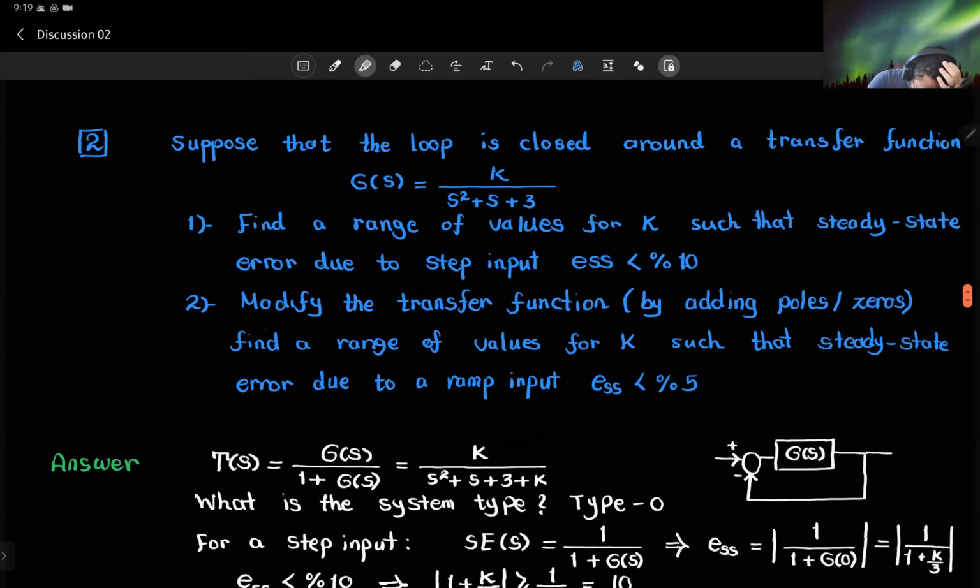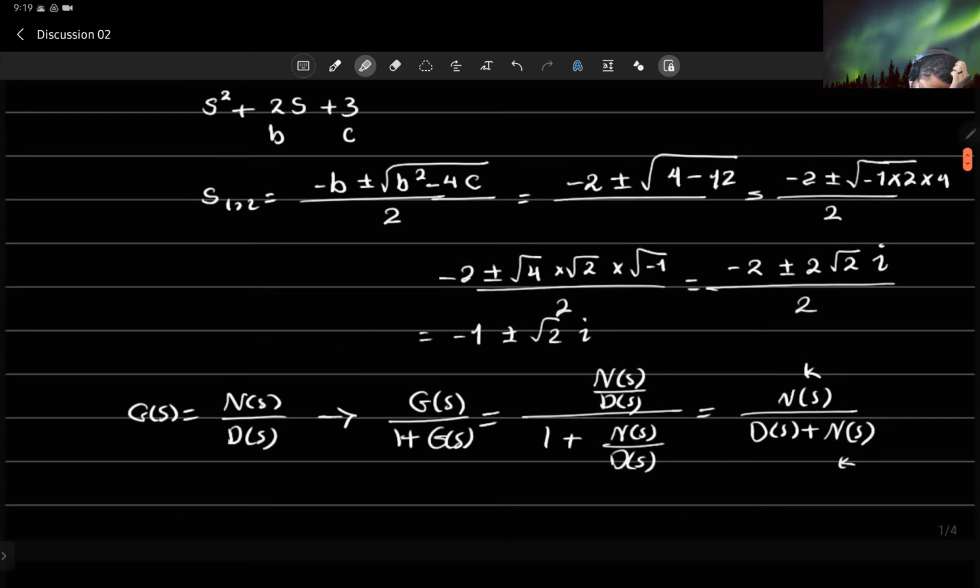Again, T of s is just G of s divided by 1 plus G of s, which after you substitute with the expression here, you get that it's going to be K divided by s squared plus s plus 3. And there's an easy way to do this.